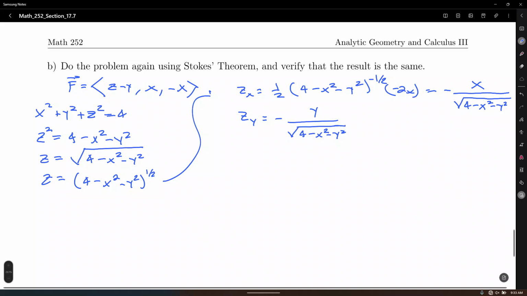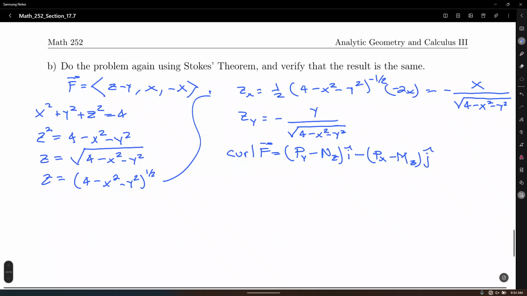The curl of the vector field. Okay, so the curl of F, again, we write the formula first: P with respect to y minus N with respect to z in the direction of i, minus P with respect to x minus M with respect to z in the direction of j.